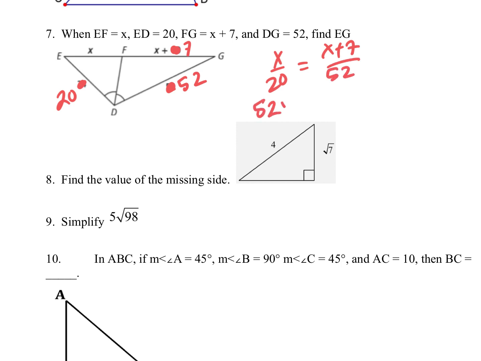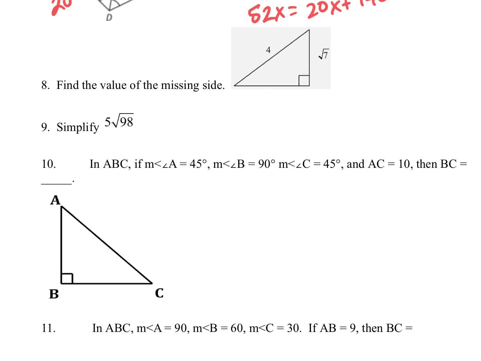So 52x equals 20x plus 140. Subtract 20x. So 52 minus 20 is 32. 32x equals 140. 140 divided by 32. x is 4.375.